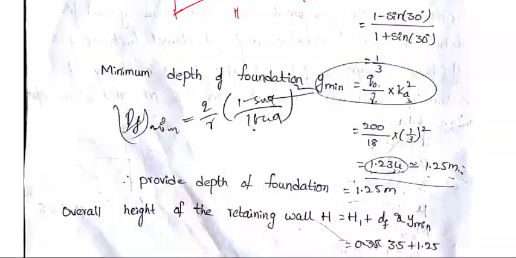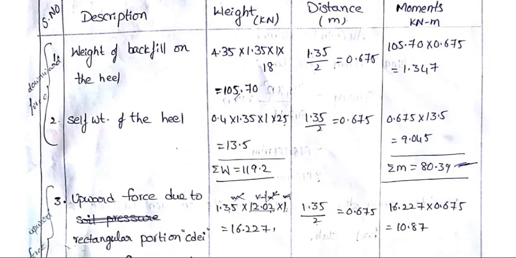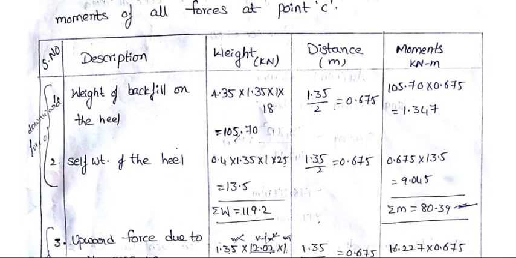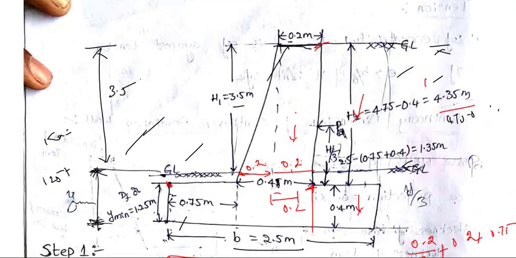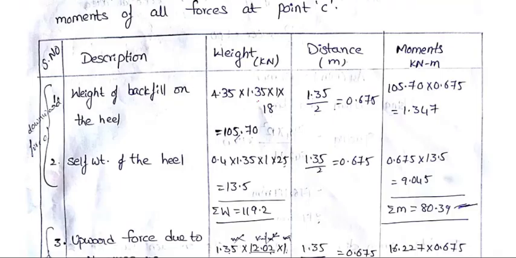So let's go back here. Weight of the backfill, follow the same procedure. What is the height here? 4.35. What is the width here? 1.35. So 4.35 into 1.35 into 1 into 18, the unit weight of the soil. So what is the value? 105.7.